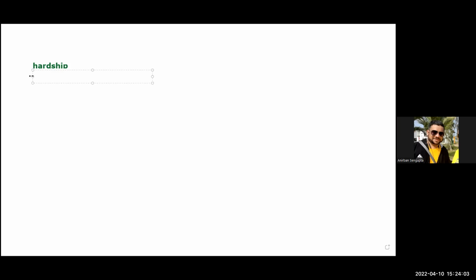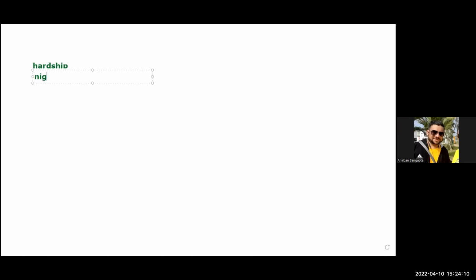Some examples of hardship. Quickly, can you all give me some examples? Heat allowance, working in a heat zone. Night shift allowance. Height allowances for train operators.